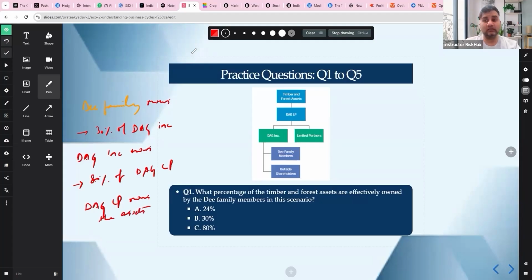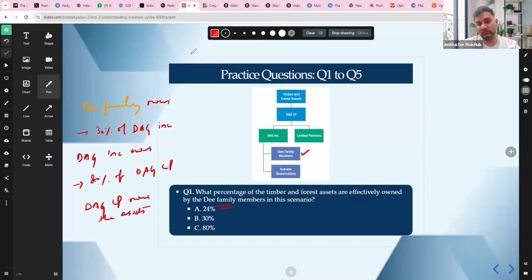Now, the question is asking what percentage of timber and forest asset is effectively owned by the D family. So effective ownership is what? Simple point: I have written here that DAG Inc. owns 80% of DAG LP, and DAG LP owns the asset. And the D family owns 30%.